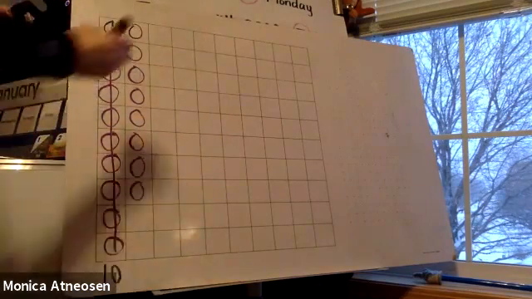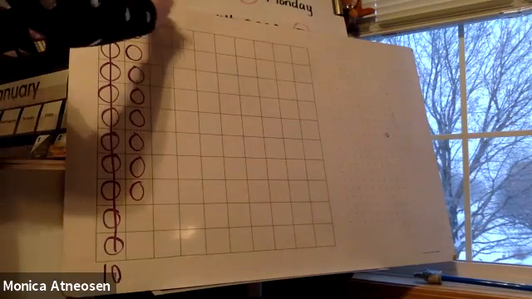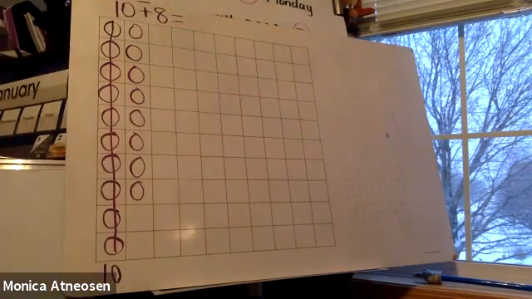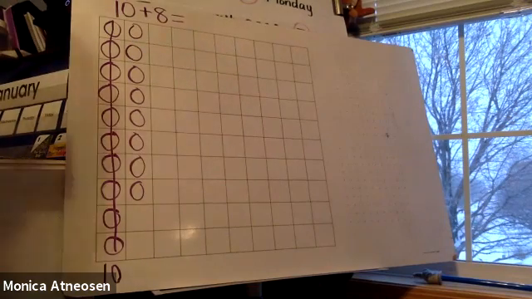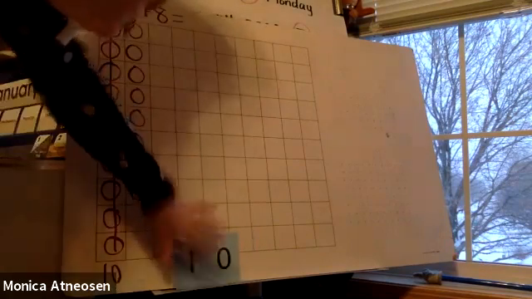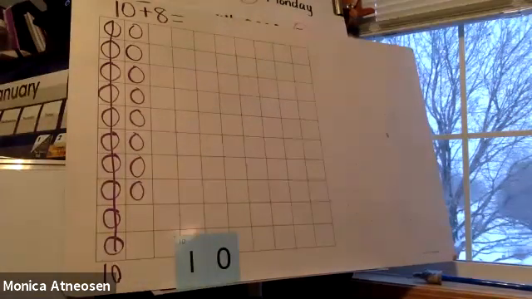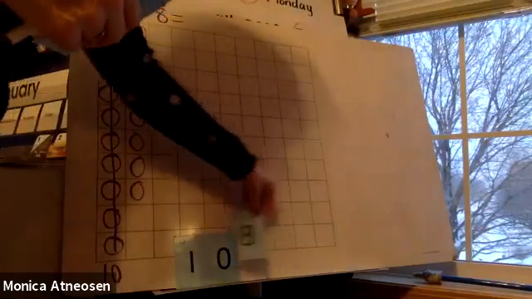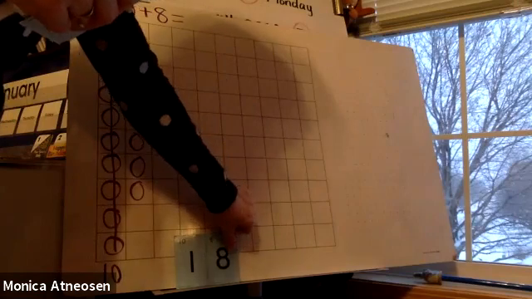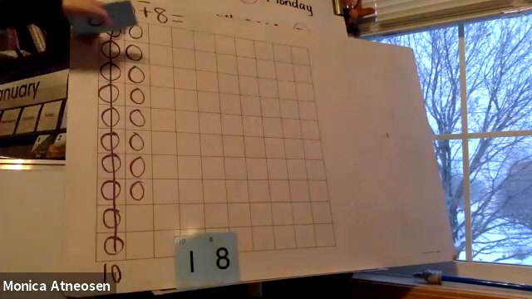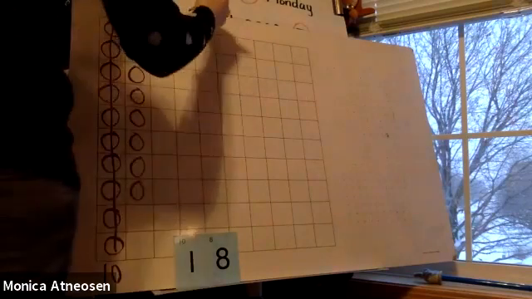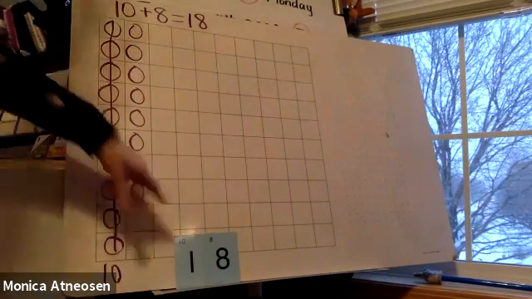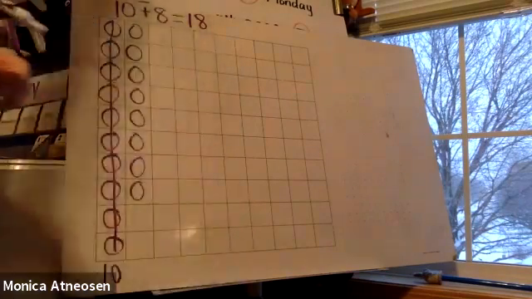Now I'm going to write that equation. 10 plus 8 equals, and I'll use my secret code cards to help me. 10. My 8 is over here. He's going to do some hopping. Hop, hop, hop, hop. Right on top and into the ones place. 10 plus 8 equals 18.